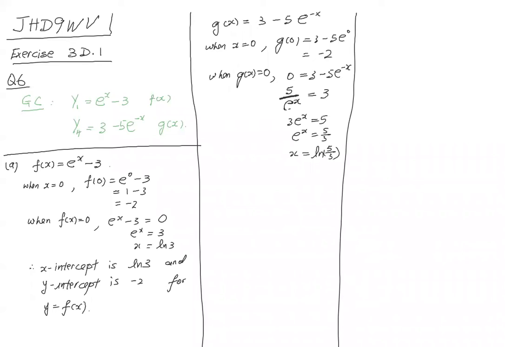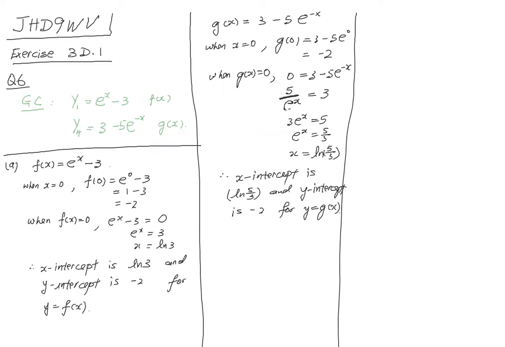Therefore, the x-intercept is ln 5 over 3 and the y-intercept is negative 2 for y equal to g(x). So you see the way you write. I'm done with part A.